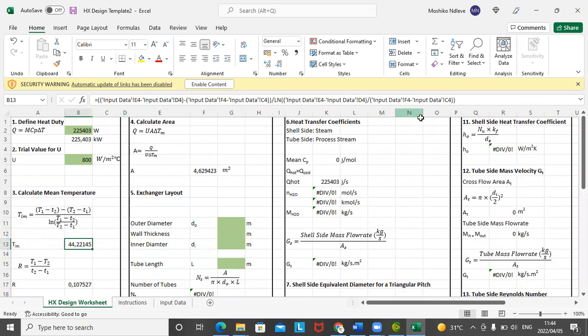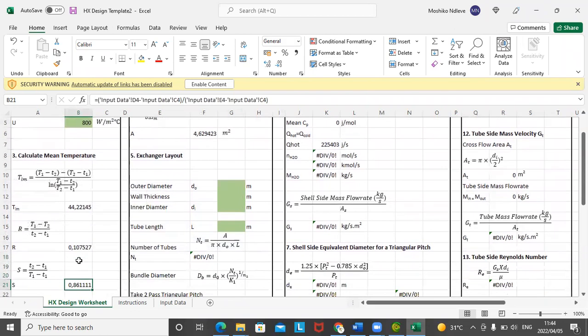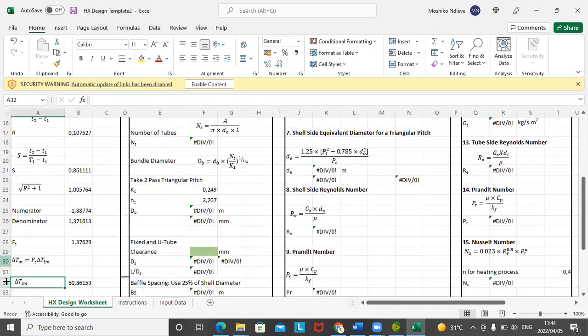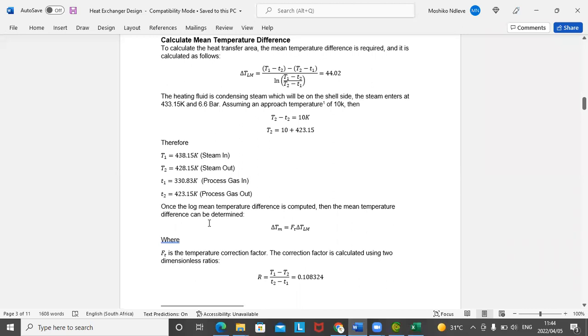And that's the formula up there, which is the same formula as we have on the spreadsheet. If you come here from your design textbook, you will see that there are two constants you need to calculate in order to evaluate the formula for mean temperature difference, which requires a factor, FT. FT is the temperature correction factor.